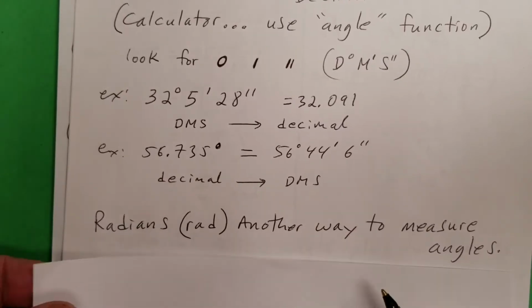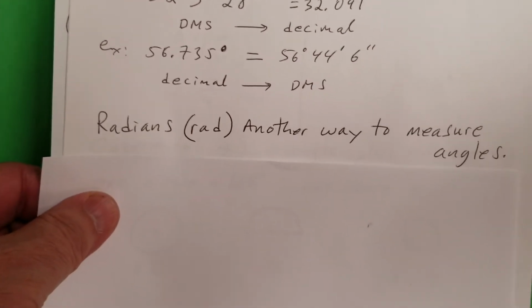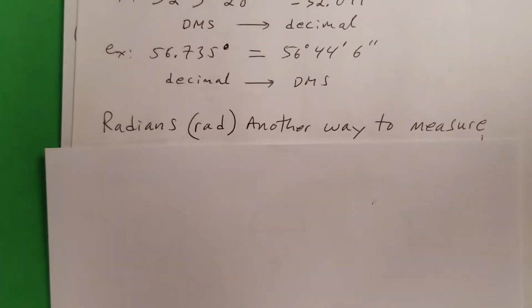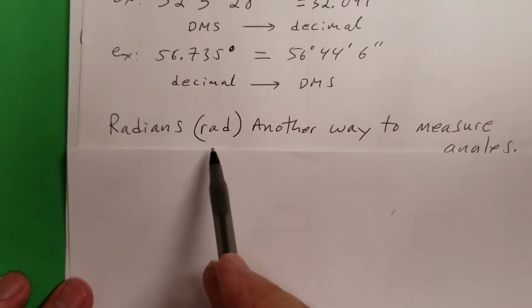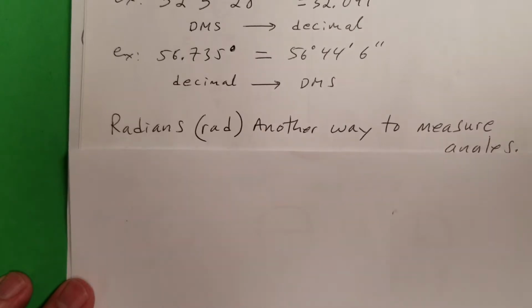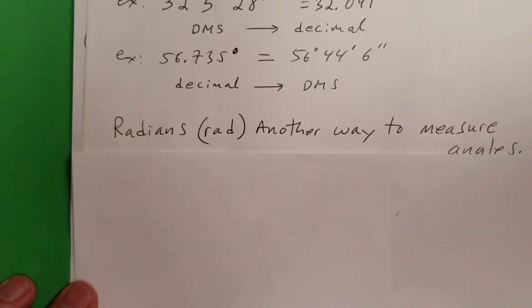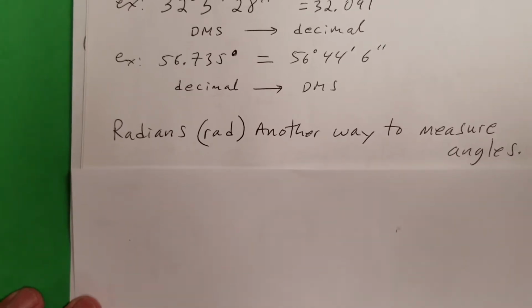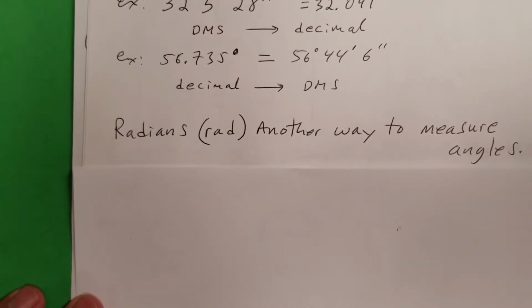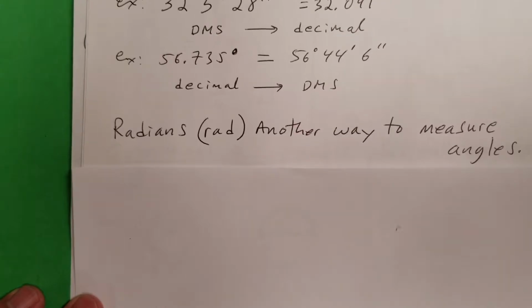Okay. Now, this is the biggie. Radians. This is also in the calculator. Radians, rad for short, is another way to measure angles. Think of it like a second language, right? You know what 90 degrees means.